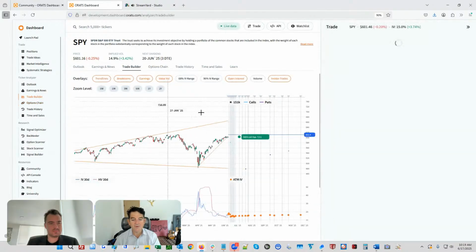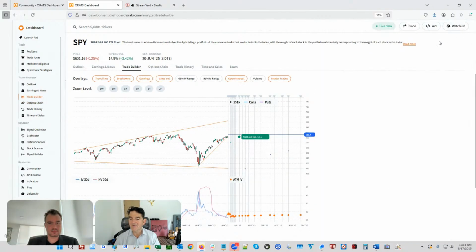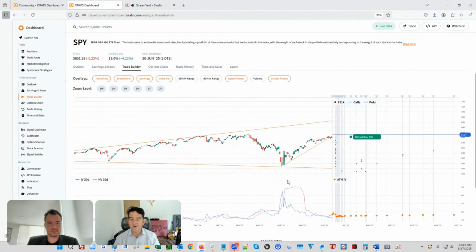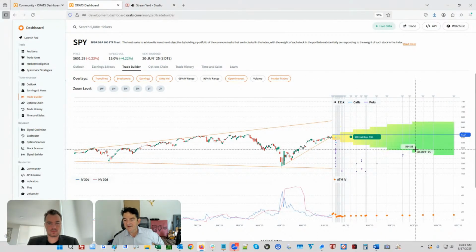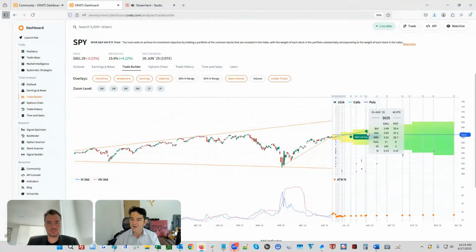Right, and then the trade builder is a real good thing to look at as well, because the trade builder will present where we think the volatility is, and it's not just the forecast. The trade builder uses other types of calculations in order to give a surface, and we give colors to it.